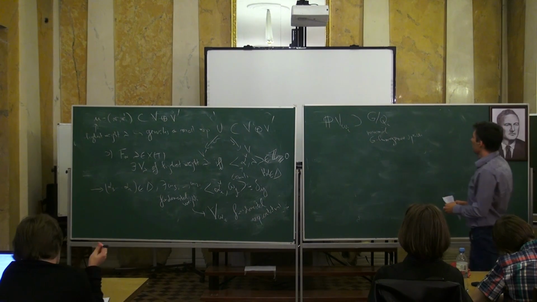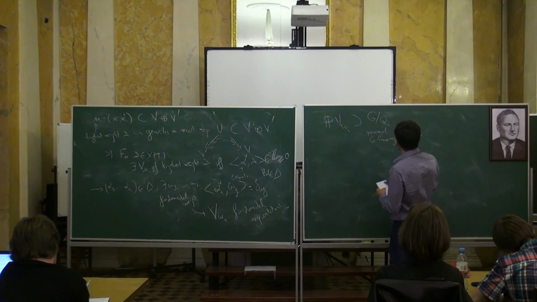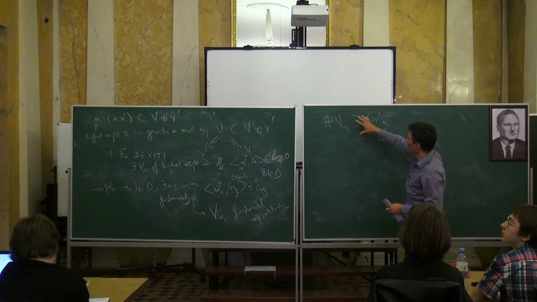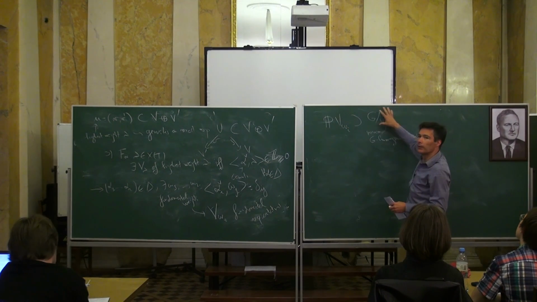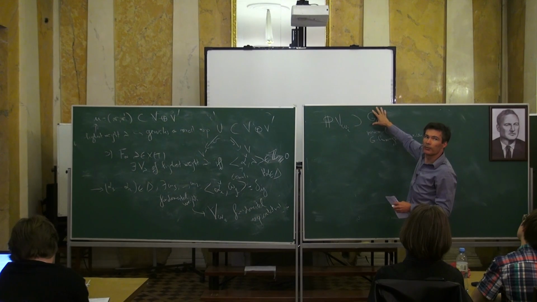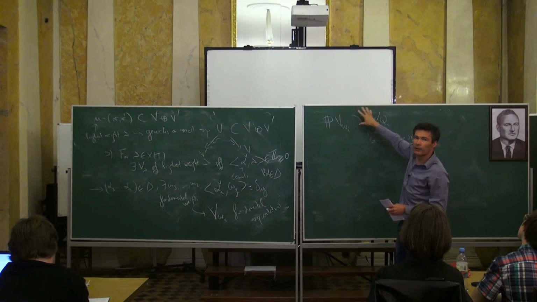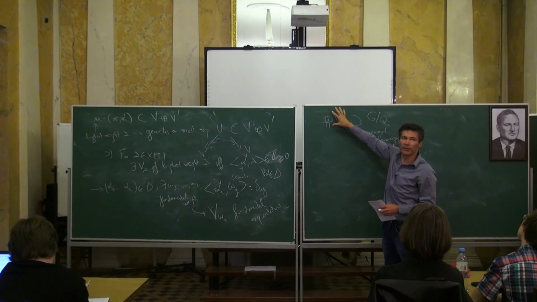So I will make this more precise later. You can recover all the representations by starting from these G spaces and looking at their minimal linear embeddings.